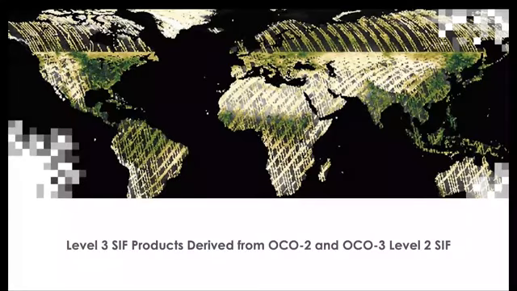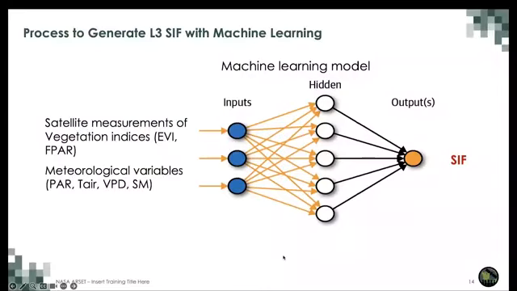Unlike level 2 data products, level 3 has wall-to-wall spatial coverage and also much higher temporal coverage. This schematic plot illustrates a general process that has been used to generate level 3 SIF products.